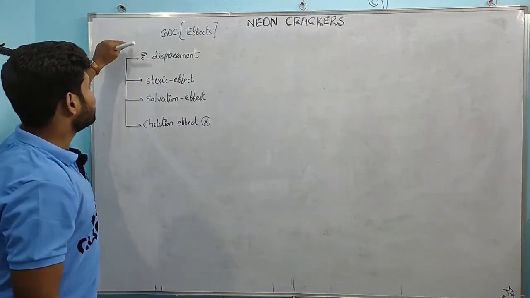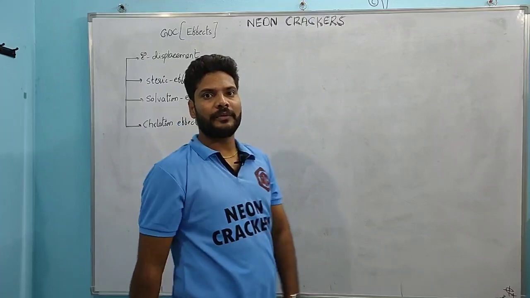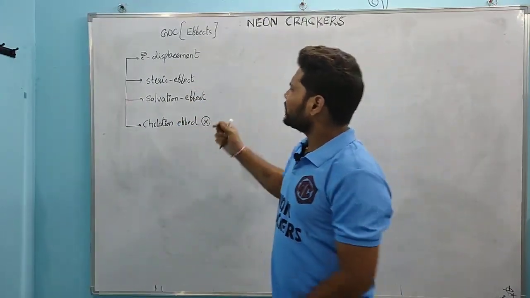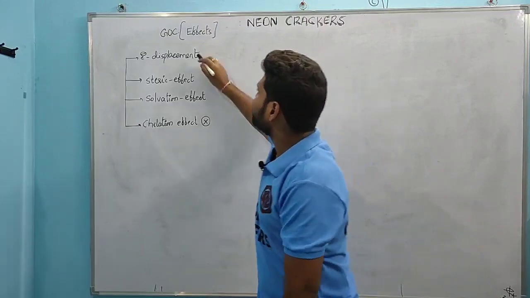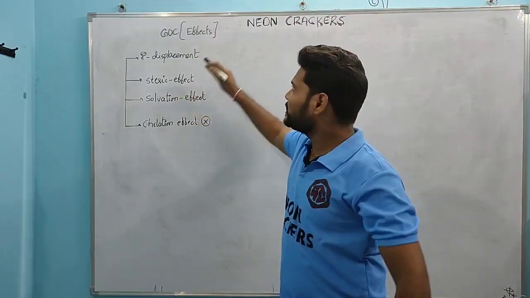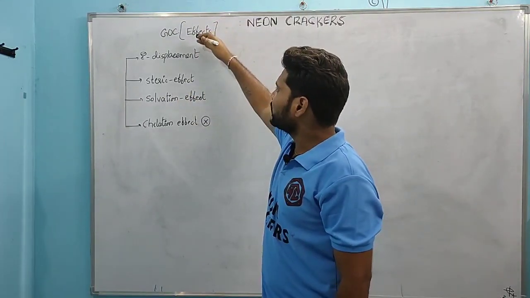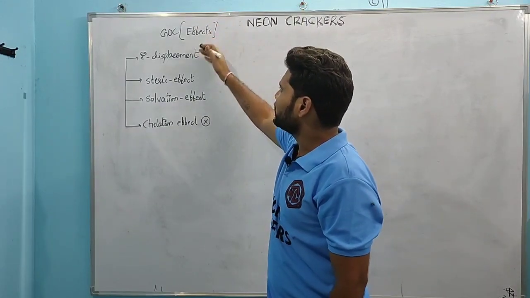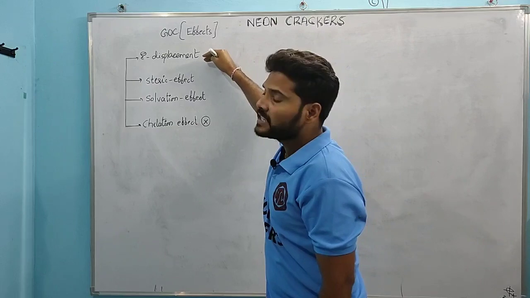But we must consider the electronic displacement effect, steric effect and solvation effect. Most of the time we consider only the electronic displacement effect, which means the electromeric effect, plus A effect, minus A effect, mesomeric, resonance, everything under electronic displacement.